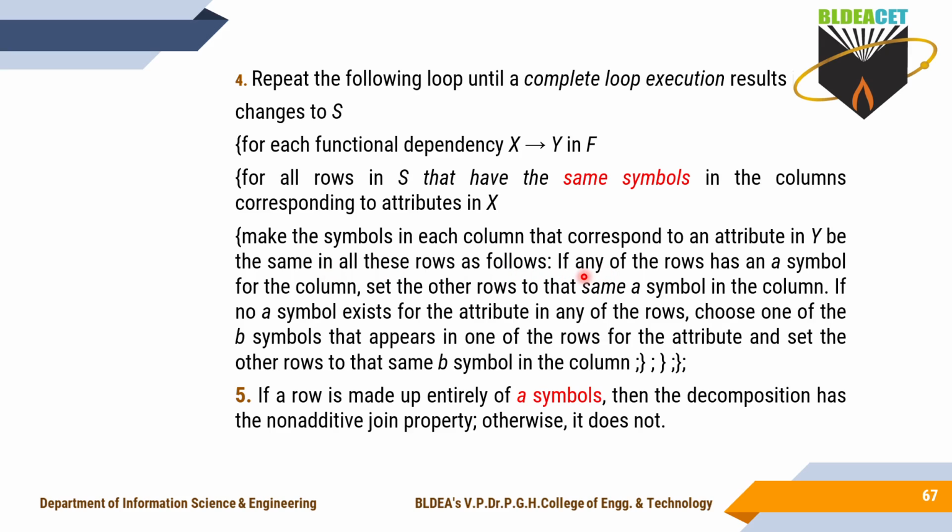If any of the rows has an a symbol for the column, set the other rows to that same symbol in the column. The other rows also you have to set to that symbol, because you already know what the functional dependency definition tells: in two tuples, if the x value is the same, then the y value must be the same. The meaning of that is that it must compulsorily be the same here.